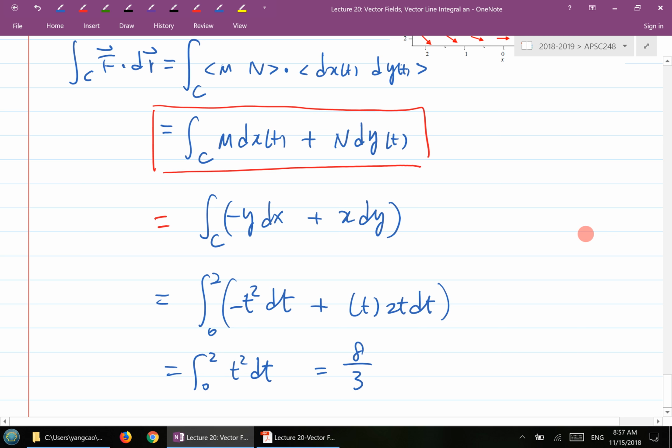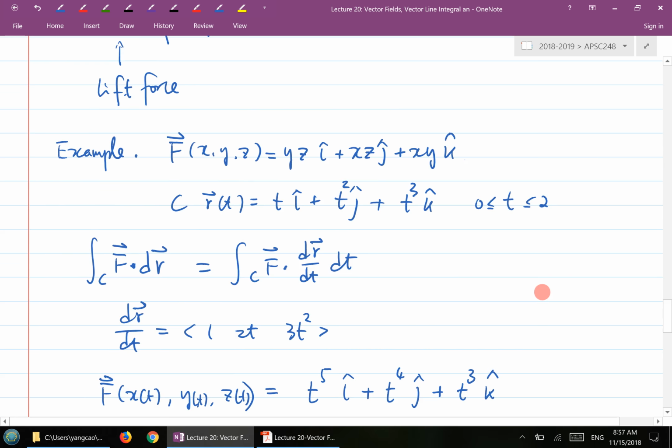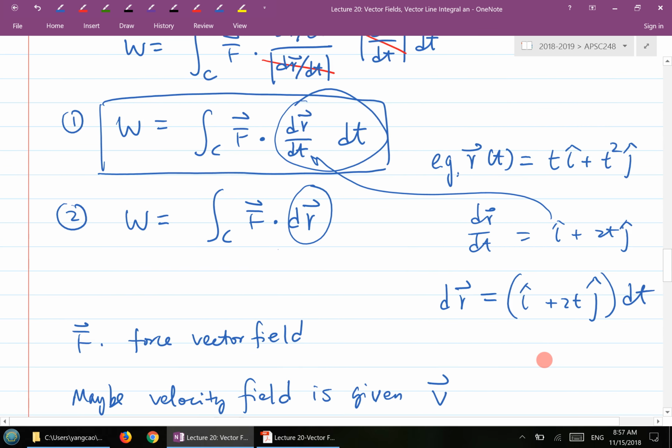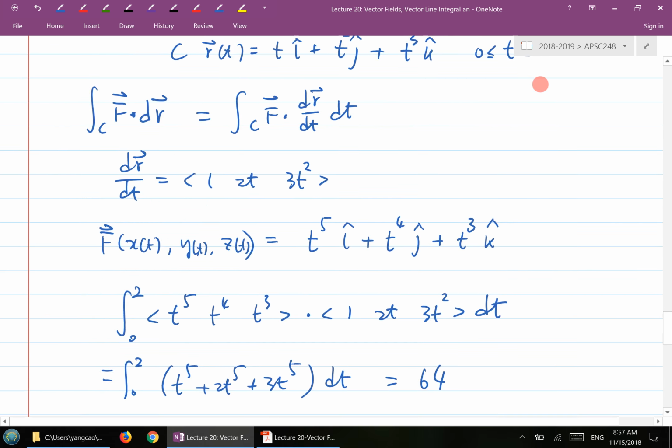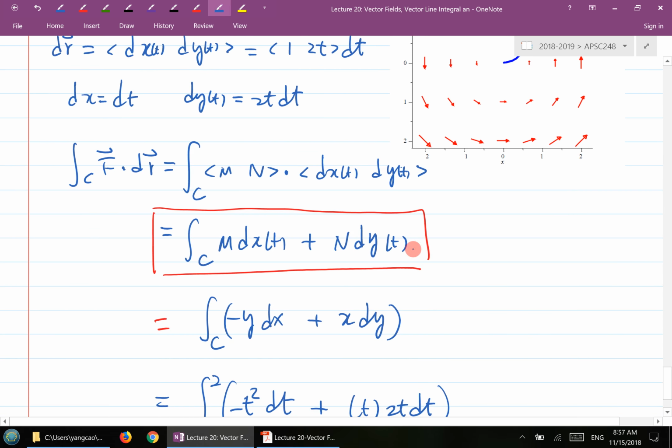So this is not a very common one here. I encourage you to maybe use the first two notations for vector line integral. But this is also one of the formulas, how it looks like.